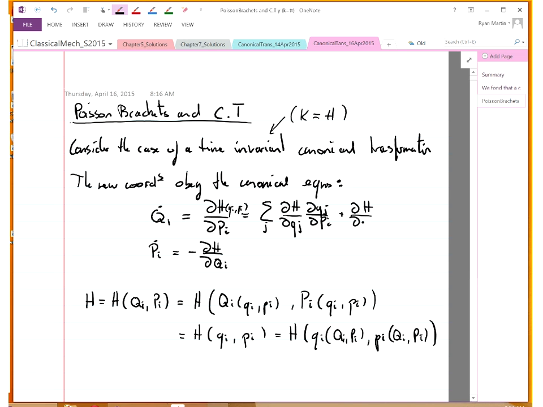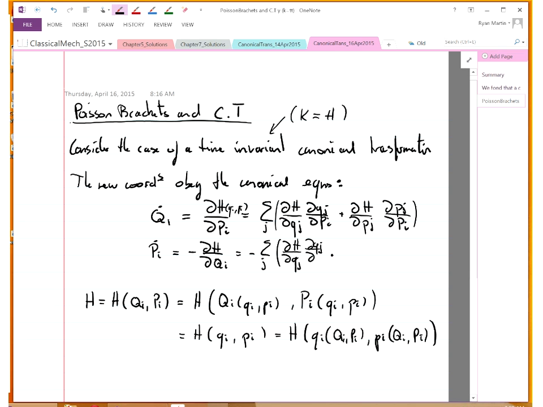So then I take ∂H/∂qj, and then I multiply that by ∂qj/∂Pi. Right, that's just the chain rule. And similarly, I have a second term, which is going to be ∂H/∂pj times ∂pj/∂Pi. That's just the chain rule.